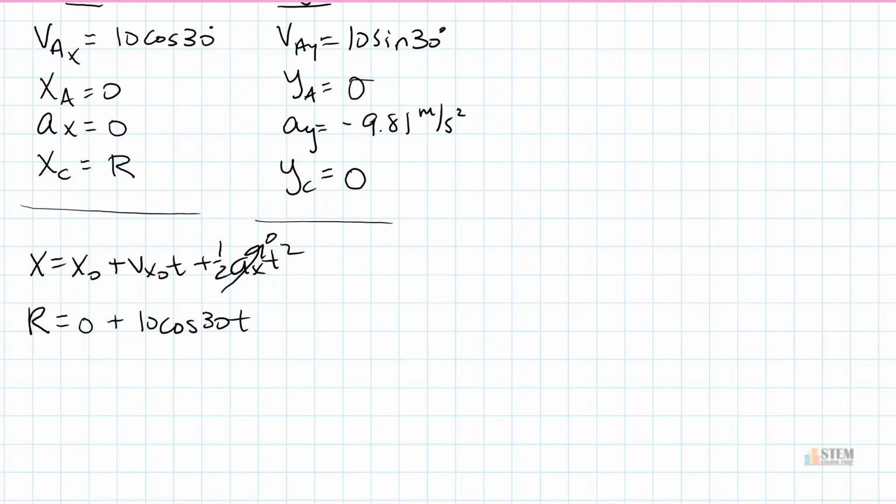So now let's go to the y direction. We're still going to go from A to C and see what we can do. I'm going to use the same equation, but for the y direction now. And this one, ay, does not go to 0, so I have to keep this last term here.